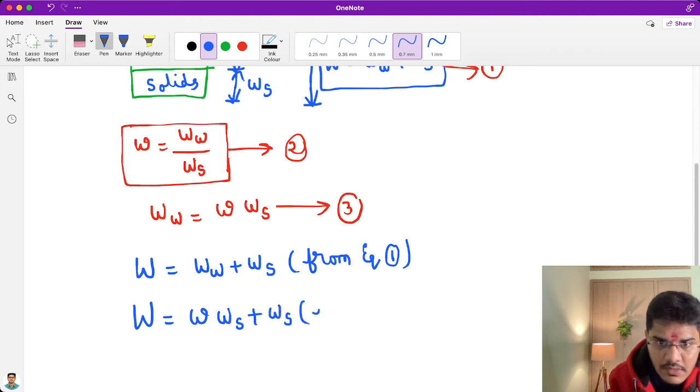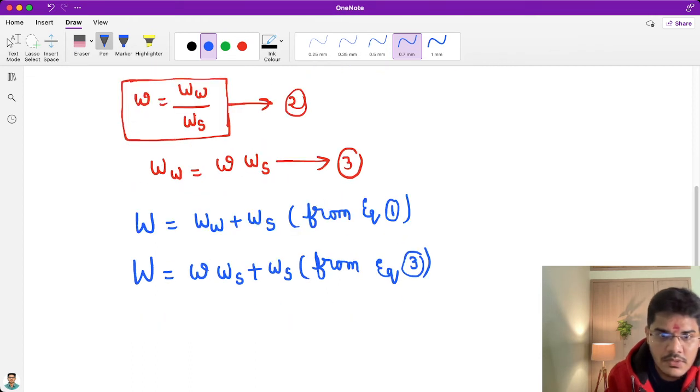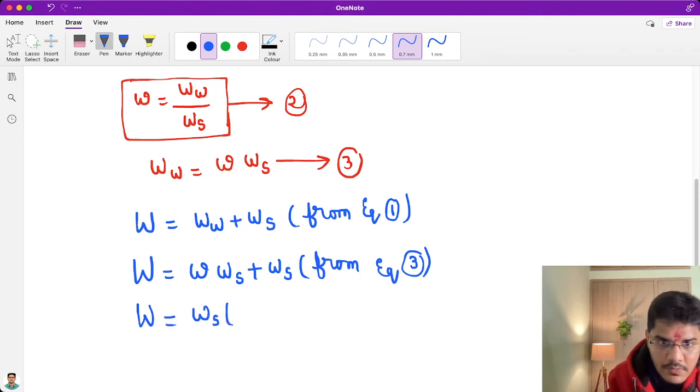Now we can take weight of solids as common. Water content remains, plus 1 here.